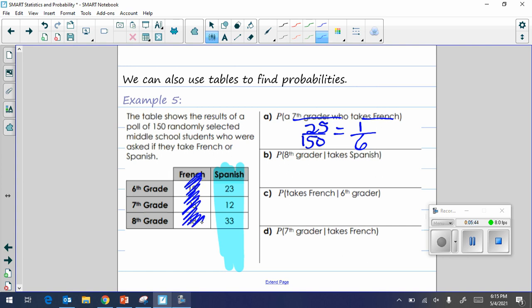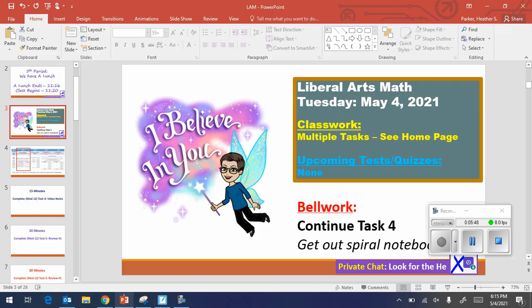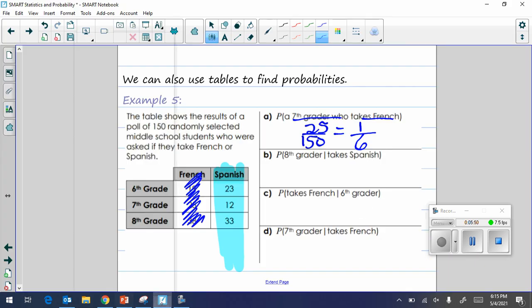Given that they take Spanish, I'm only looking in the Spanish. So I am going to add 23, 12, and 33. That gives me a total of 68, making sure I added them up right. So an eighth grader, given that they take Spanish, that's going to be 33 out of 68.